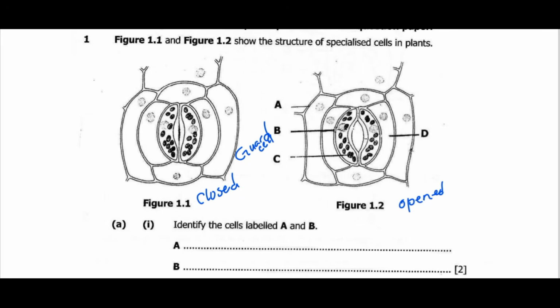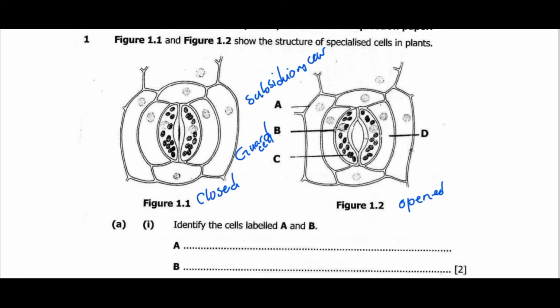Then there are also cells that surround the guard cell that are found in the leaves. This is what we call subsidiary cells. So our A is subsidiary cells, and these are found in the epidermis.